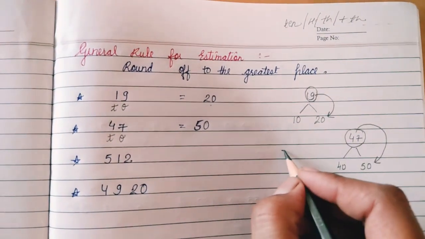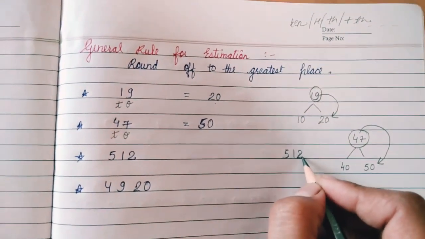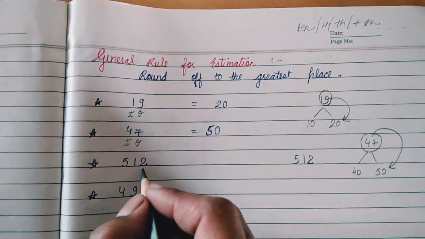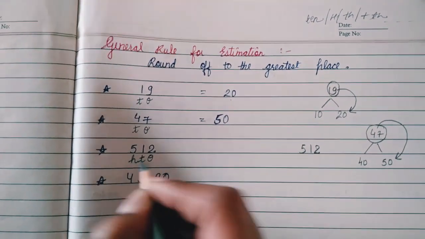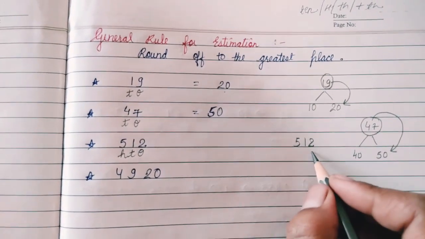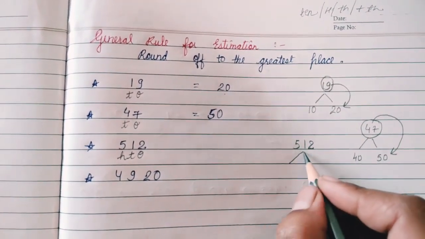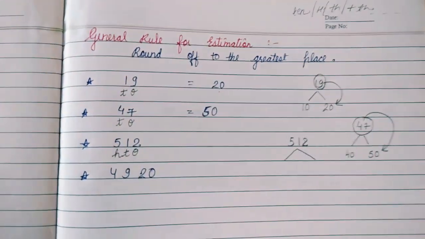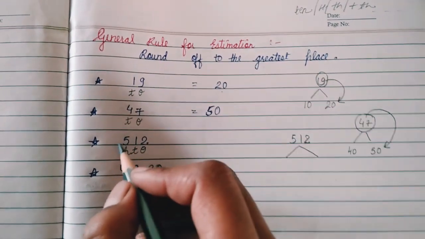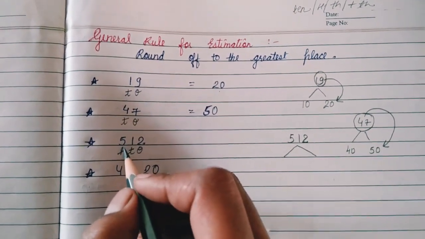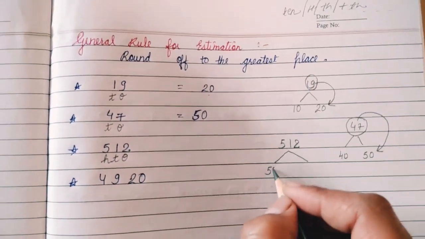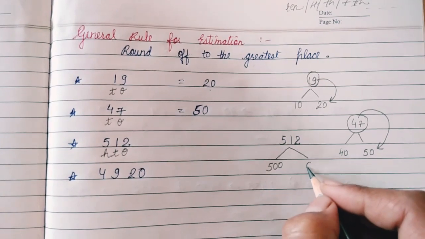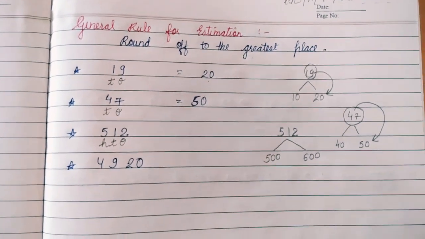Next we have 512. Its greatest place is the 100 place, so we will estimate it to the 100 place. 512 is coming in between 500 and 600.